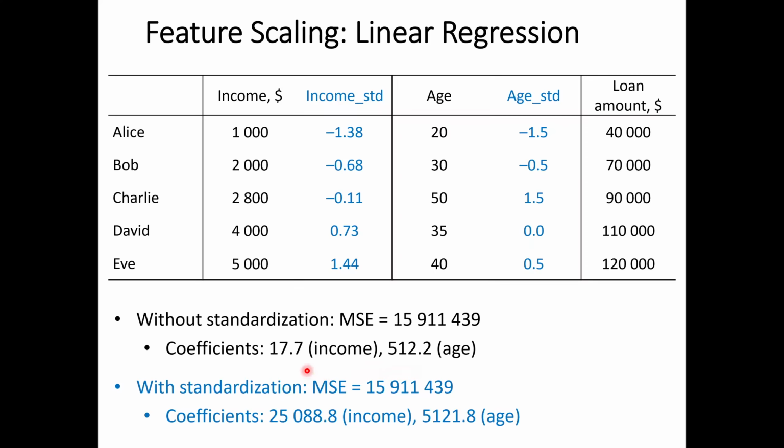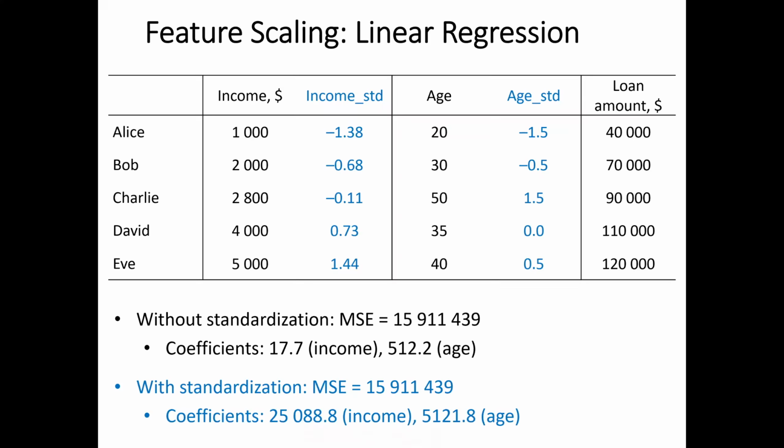However, this simply reflects the different scales of the features, and such coefficients cannot be compared directly. After standardization, the coefficients become comparable, and it becomes clear that income has a much stronger impact on the result, approximately 25,000 and 5,000.